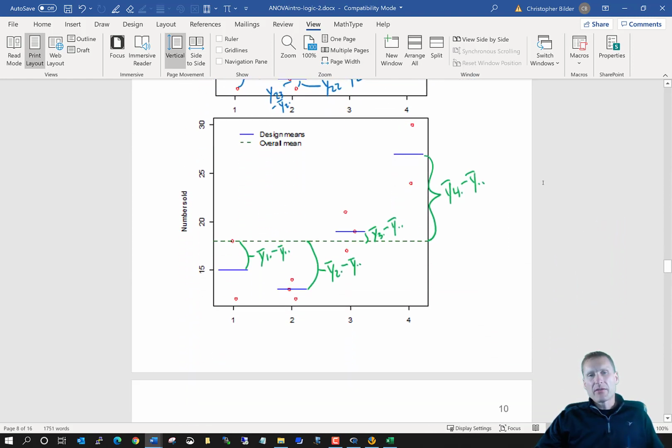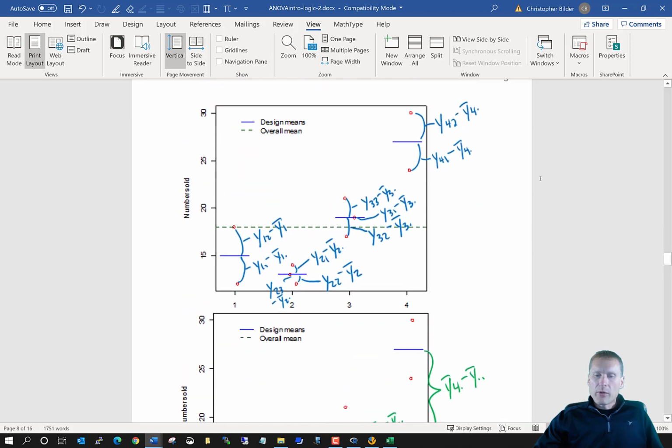So we just talked about SST or MST, mean square for treatment, SST, sum of squares for treatment. And what that's measuring is what's illustrated here, where, again, here is the overall mean, and we're always looking at how far is that design type mean from the overall mean. And so, again, this gives us a measure of variability when we compare each design to the overall, you could say, experiment as a whole.